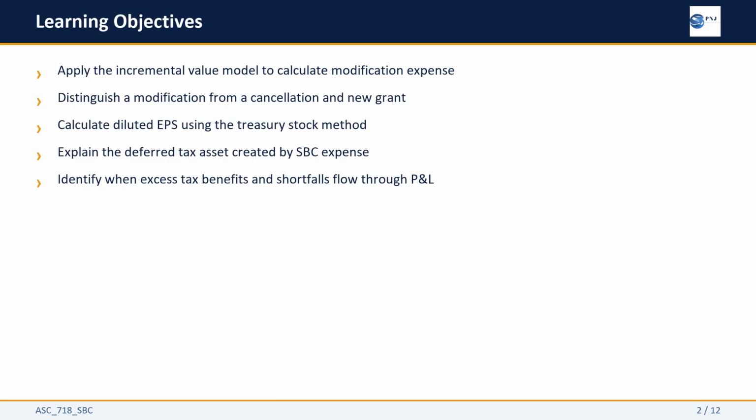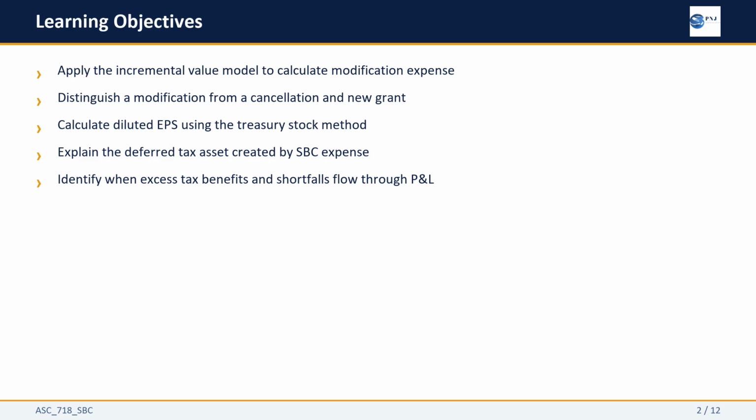By the end of this section, you will be able to apply the incremental value model to calculate the additional compensation cost triggered by an award modification. You will understand when a cancellation and replacement is treated as a modification versus a new grant. You will be able to step through the treasury stock method to calculate the dilutive effect of in-the-money options on diluted EPS.